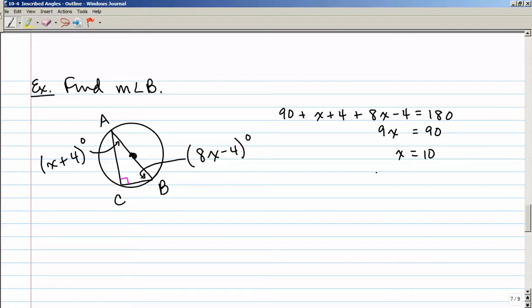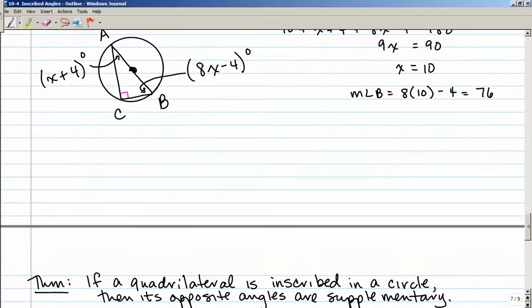So the measure of angle B is going to be 8 times 10 minus 4, or 76 degrees. So again, if the triangle inside the circle has a right angle, then the hypotenuse is going to be a diameter, and it'll intercept a semicircle, and the converse of that is also true.